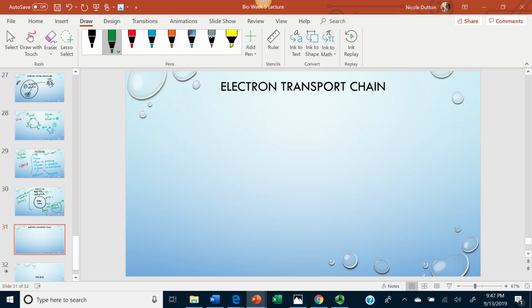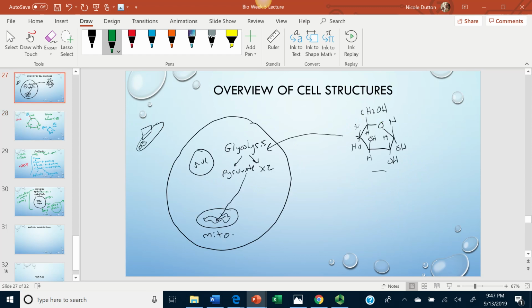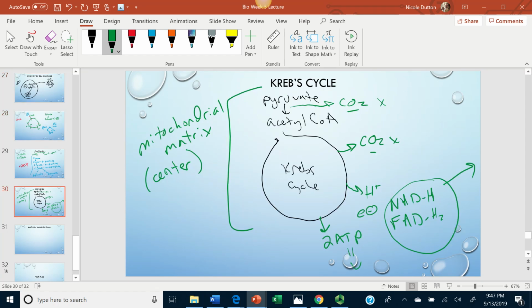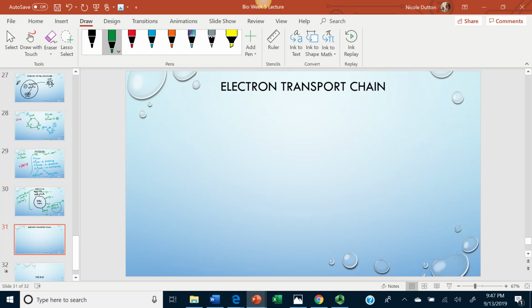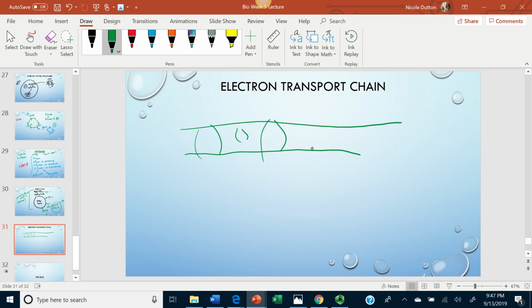So now, if you recall, the mitochondria has two membranes, an inner membrane and an outer membrane. The electron transport chain sits right here in this inner membrane of the mitochondria. We have 5 major complexes: 1, 2, 3, 4, and then the 5th one is this large turbine structure known as ATPase.